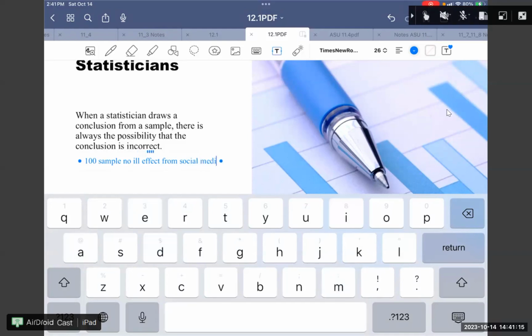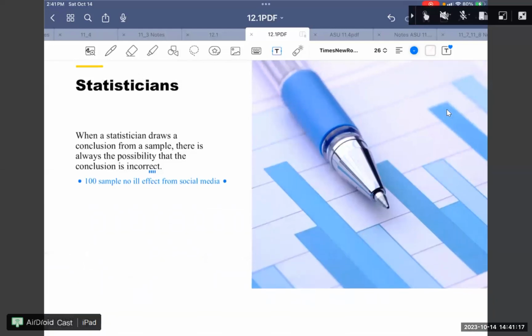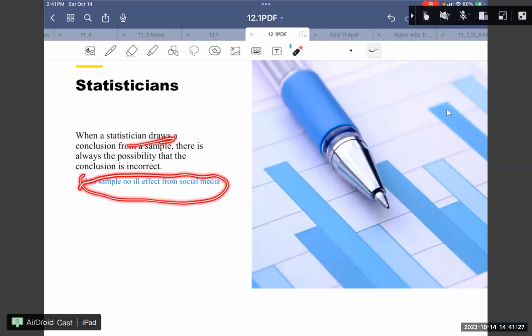This is just a sample. Studies draw conclusions from the sample, so this one is a sample of 100 people, no ill effect from social media.